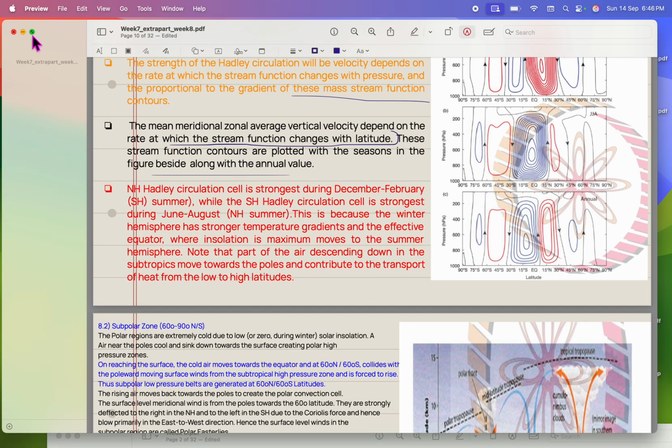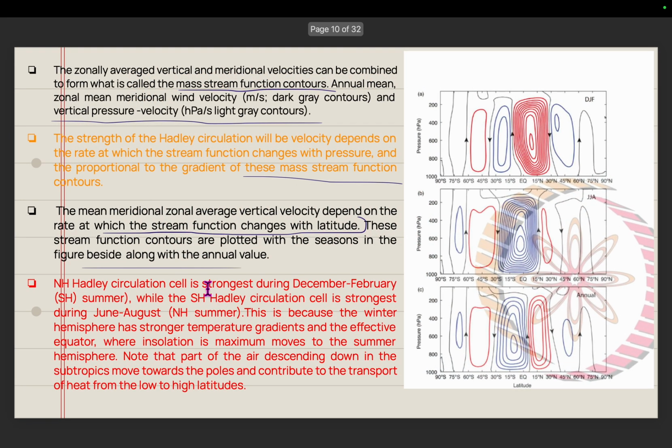In the northern hemisphere, the Hadley cell is strongest during December to February, when it is summer in the southern hemisphere, while the southern hemisphere circulation cell is strongest during the northern summer. This is one of the key points for us: when it is summer in the other hemisphere, the Hadley circulation becomes strongest.